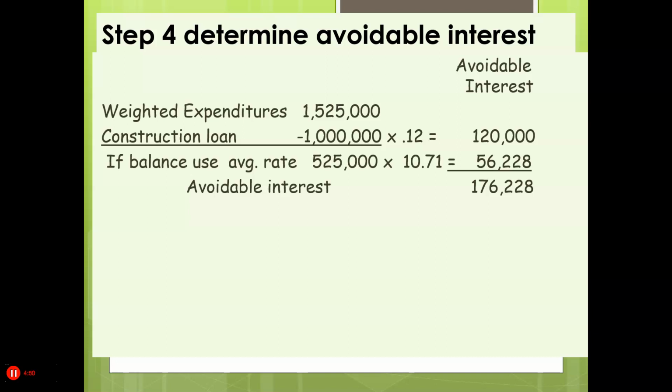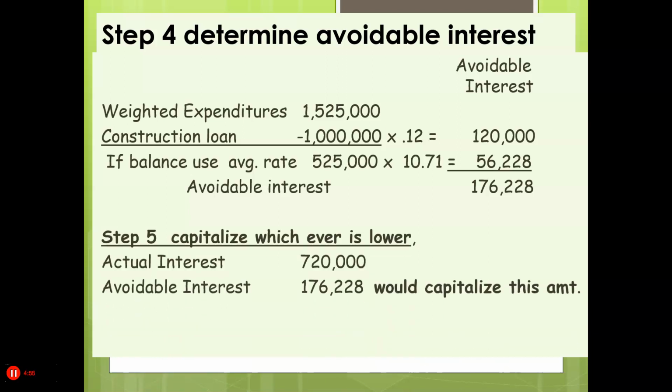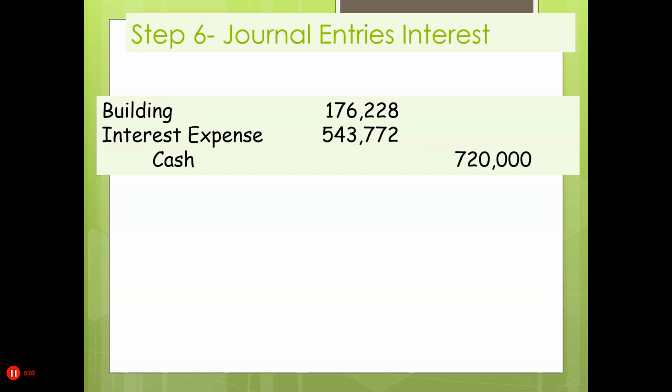But first, we have to make our comparison, whichever is lower, the actual interest or the avoidable interest, which is less, so that's what we're going to capitalize when we do our journal entry. So the building is going to get $176,228 of the interest. The balance is going to be interest expense. And that ends this presentation.